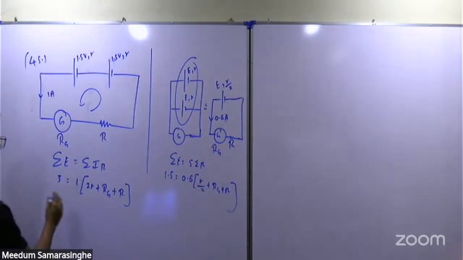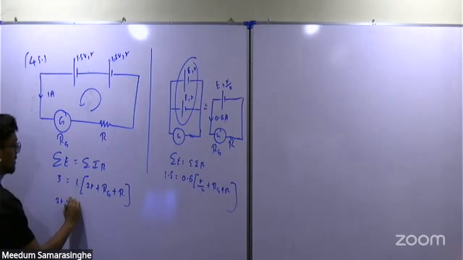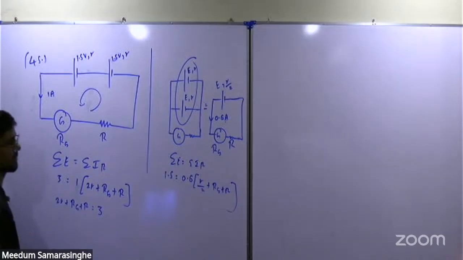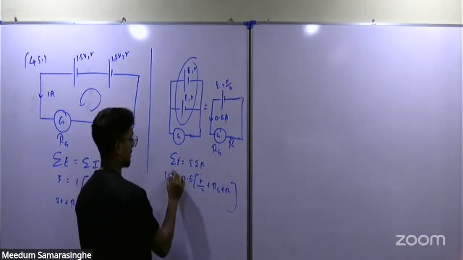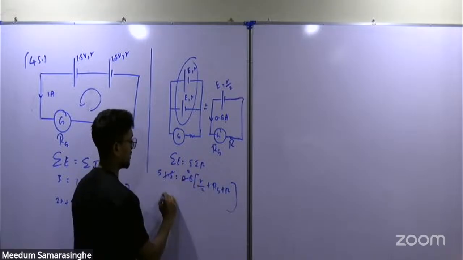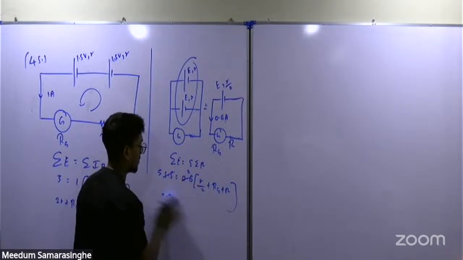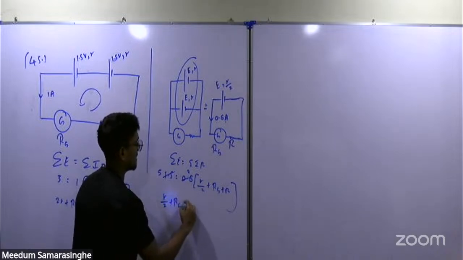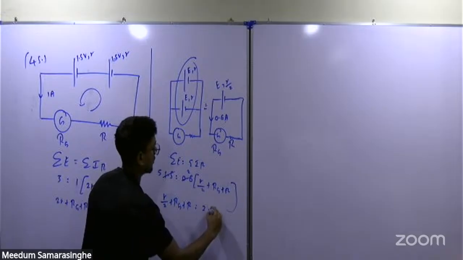From the other equation, you have 2R plus Rg plus R is equal to 3, right? Divide this by 3 to get 2.5, or you can write R over 2 plus Rg plus R is equal to 2.5.